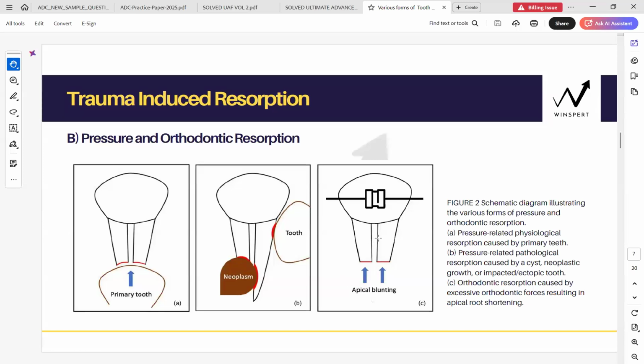Then this is the ortho-related pressure associated apical blunting in the apical area, and the history would present ortho treatment. In the pathological case, you will find either an impacted tooth or a tumor or a cyst. And in the physiological one of the primary tooth, you will definitely be able to tell with the history, the age, the presence of primary teeth and the developing permanent teeth, right? All three kinds are different, clear for everyone?